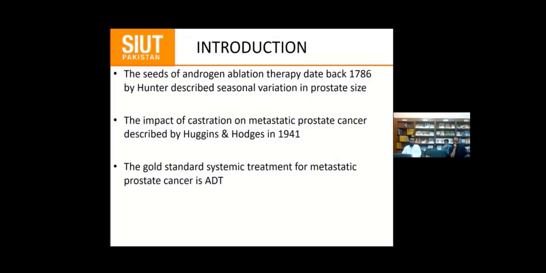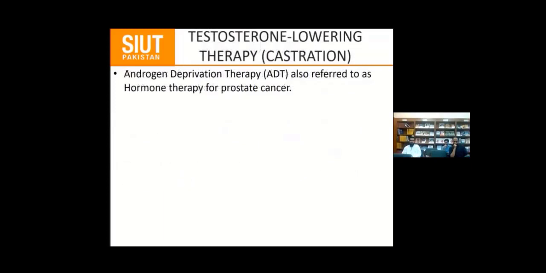Currently, the gold standard systemic treatment for metastatic prostate cancer is androgen deprivation therapy. It has different names: testosterone lowering therapy, castration, androgen deprivation therapy, also known as hormonal therapy for prostate cancer.